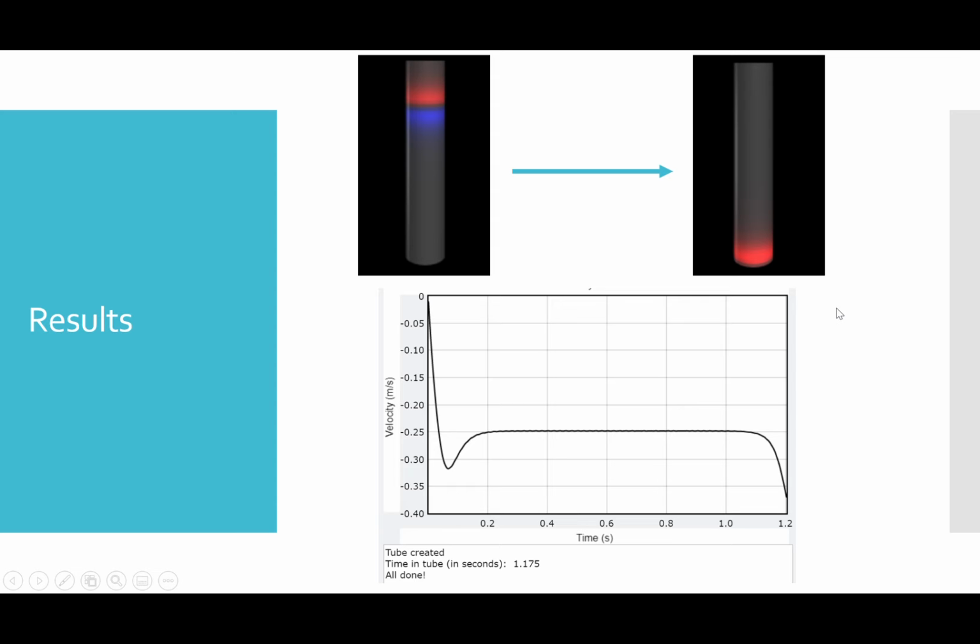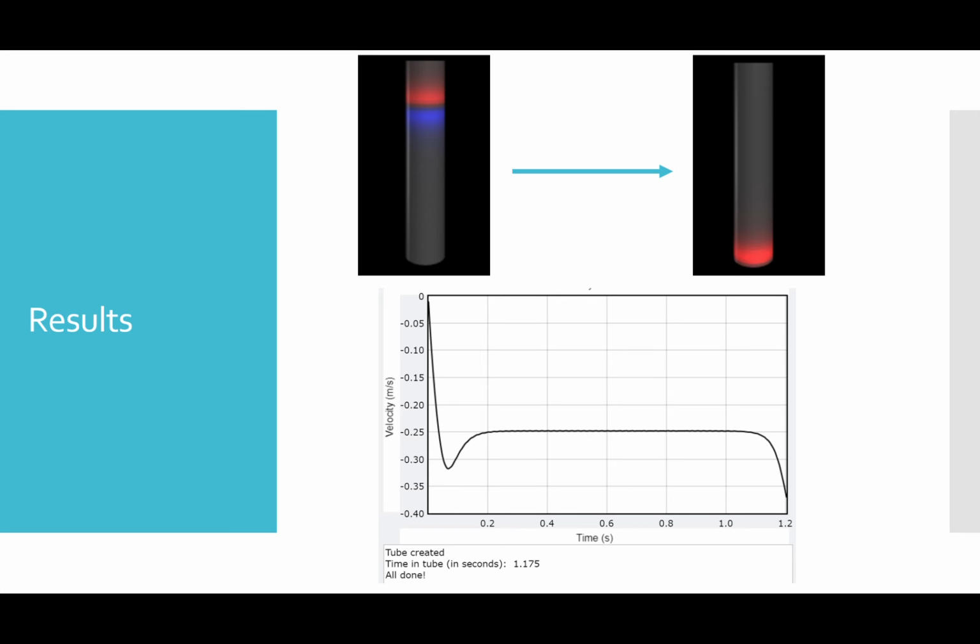From the velocity versus time graph, we see a huge dip in the velocity at the beginning, and this is because the bar magnet is still falling in free space and gaining velocity before it hits the tube of aluminum foil. As you can see, as the bar magnet is inside the tube, the velocity plateaus, and this is because the net force in the tube is roughly 0, so the velocity would be the same throughout.